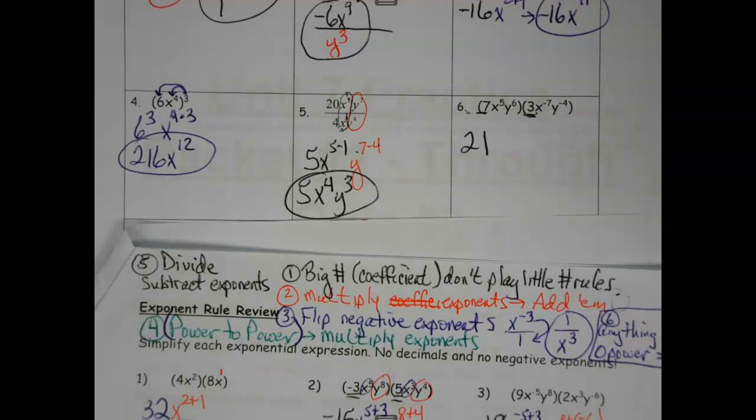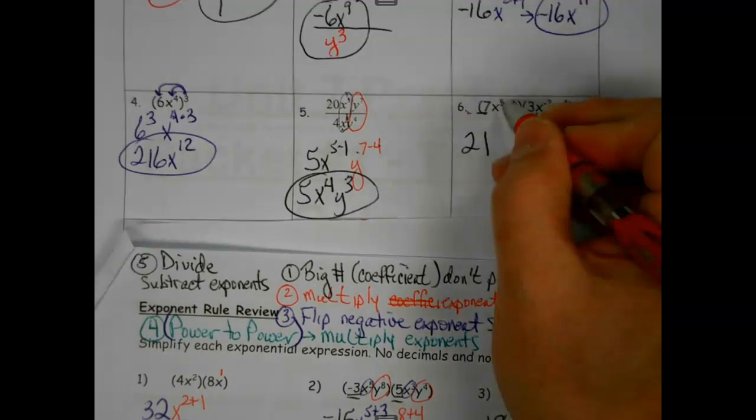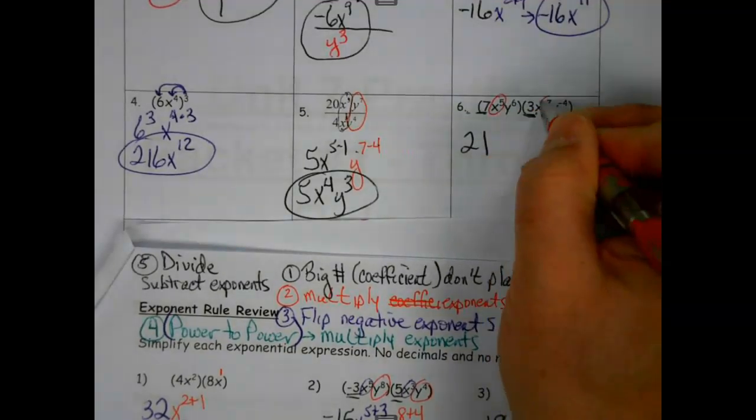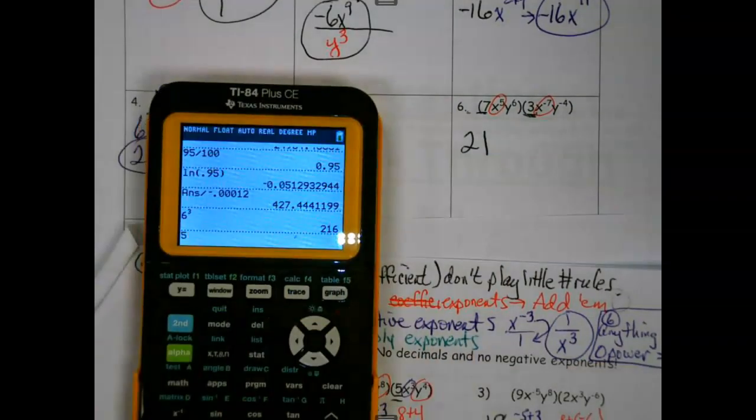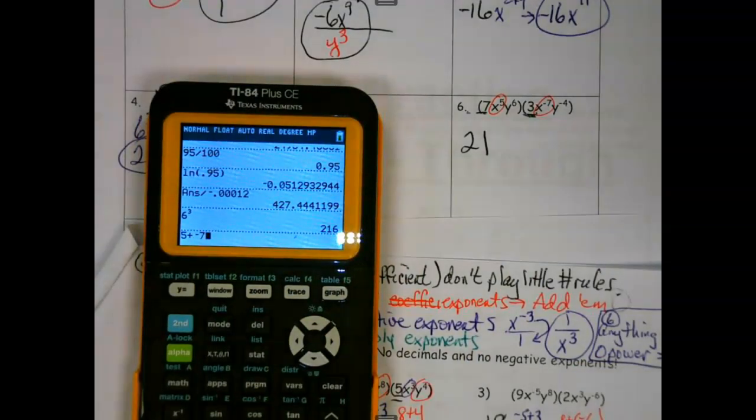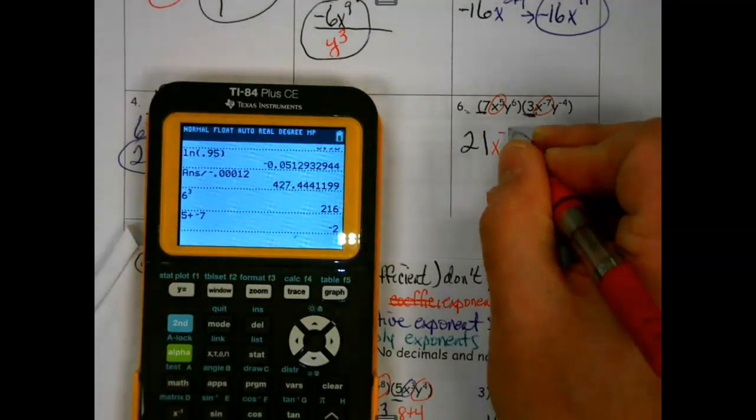Could I still add those up and go from there? I could. So let's try that. So what do I get if I add 5 and negative 7 together? So I got negative 2. So I'm like, okay, x to the negative 2.